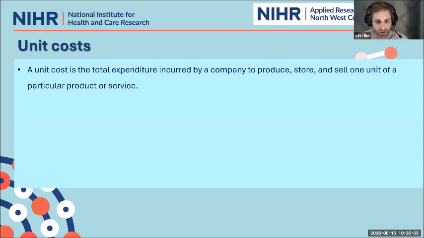So that's actually not a very easy question, but to simplify it, imagine a hospital that only does hip surgeries. Then you would divide all the costs of staffing, etc., by the number of hip surgeries that you do.